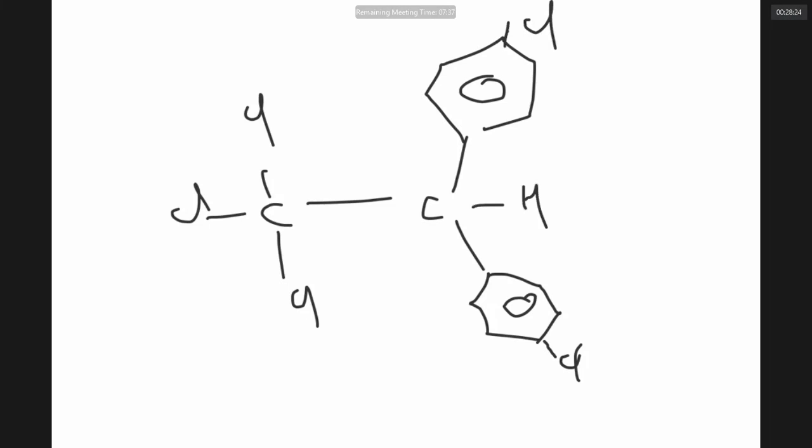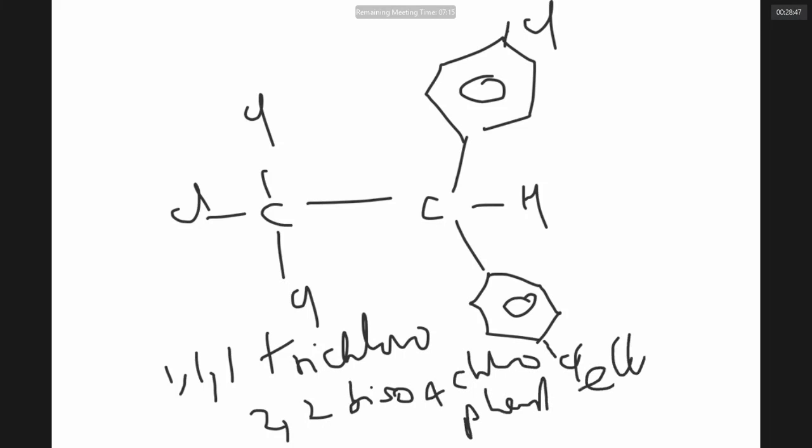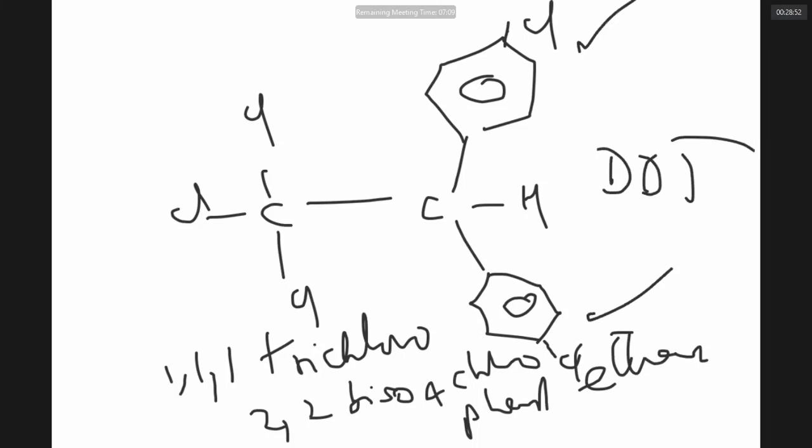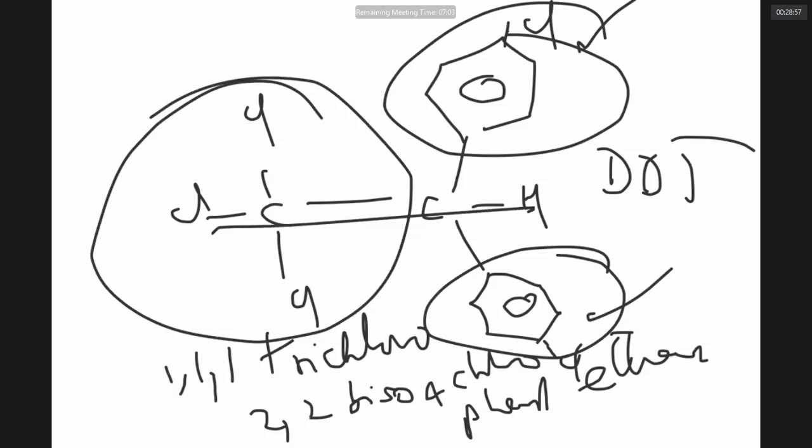What is this compound? 1,1,1-trichloro-2,2-bis(phenyl)ethane, commonly known as DDT, dichlorodiphenyltrichloroethane, DDT. Why is DDT not in use now?